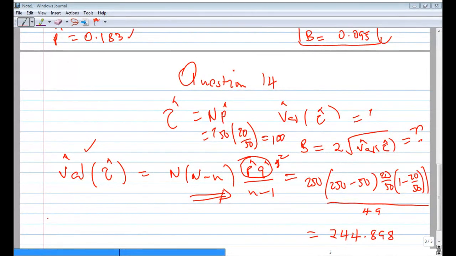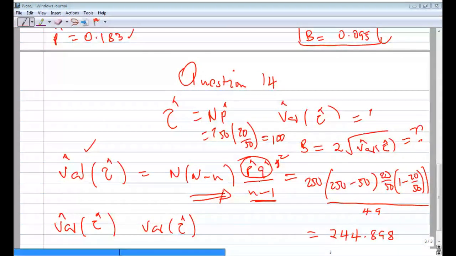Because we are talking about the estimated variance of that estimator, we're supposed to have n minus 1. If it was the variance of the estimated population total, it's supposed to divide by n, not n minus 1. You have to be careful about that. So this is the true formula, I think. Because we're dealing with the proportion, we replace the simple variance by p, which is equal to 250 over 50.